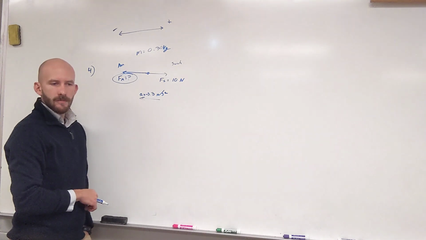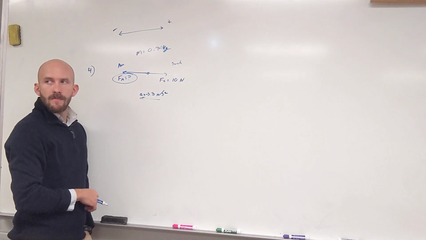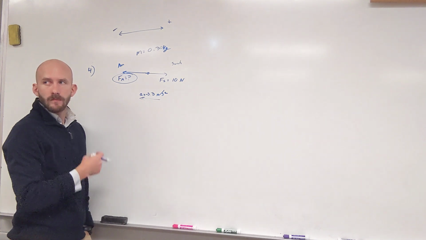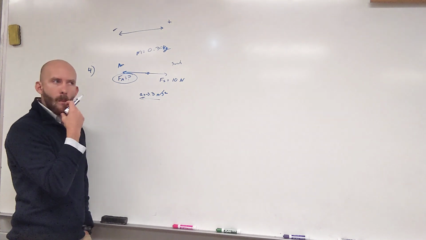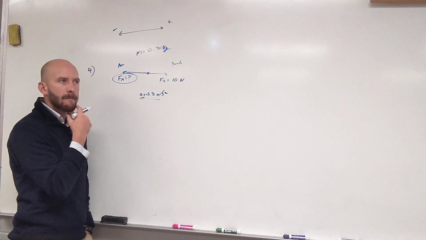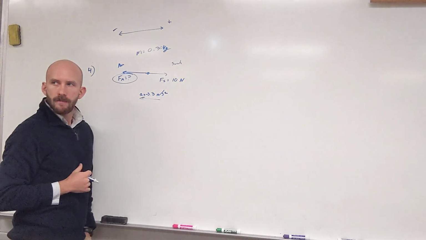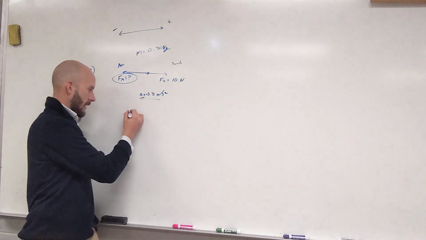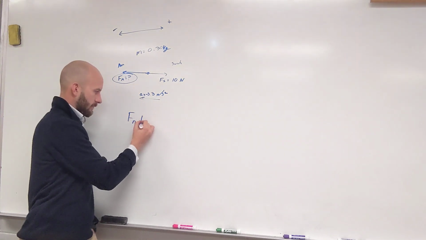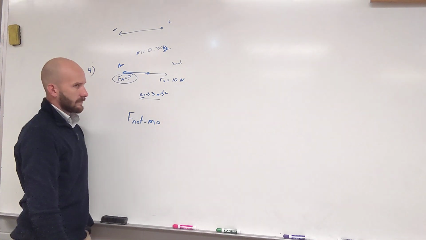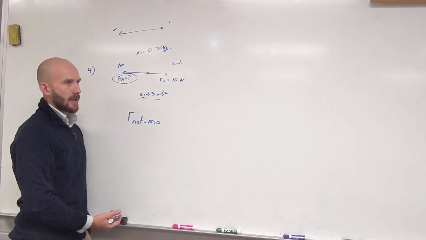What do we need to do? Couldn't you divide the force of Sarah by the mass and get her acceleration? The acceleration of the doll is going to be the same. Yeah. Again, here's Newton's second law.